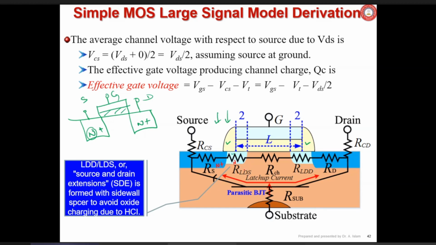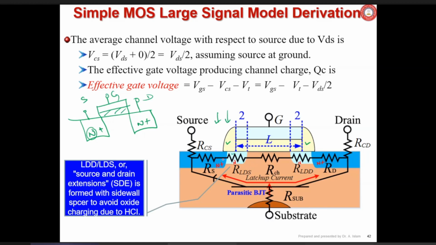The same thing is here also. This N type has less doping concentration, so its resistivity is more and resistance is more. So it is shown with a resistance on both sides, source side and drain side. Of course, the channel is also lightly doped P type, and it has resistance.